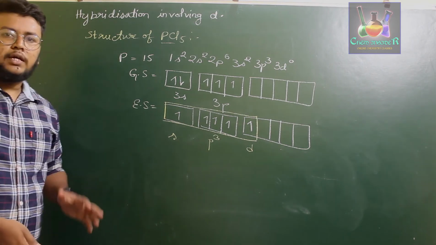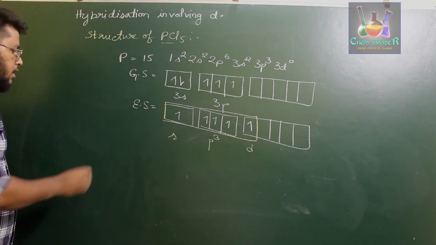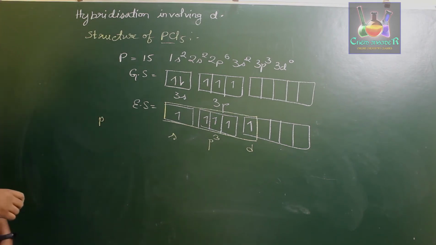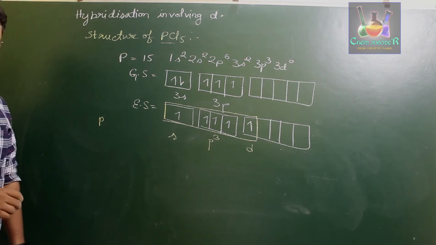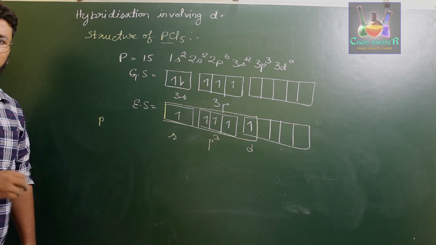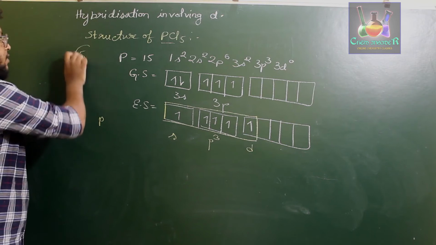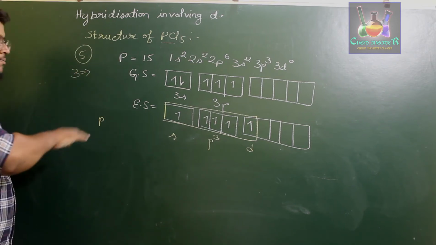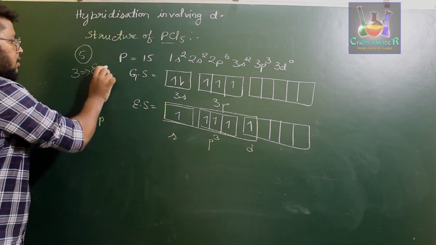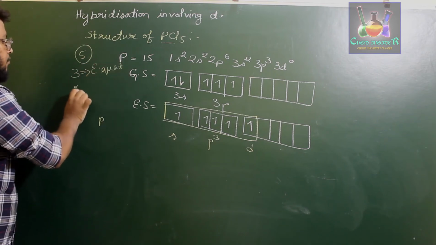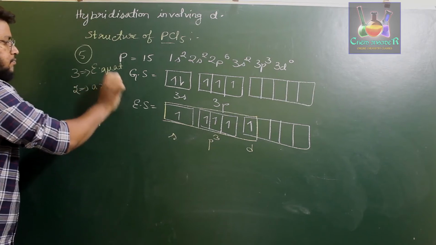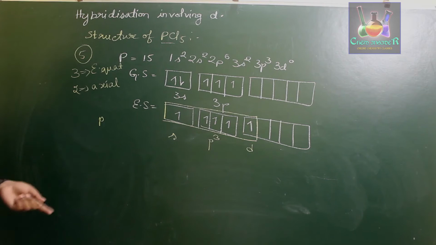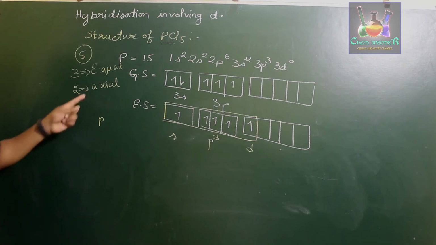It forms 5 sp3d hybrid orbitals, and these hybrid orbitals of phosphorus align themselves in such a way that, out of the 5 sp3d hybrid orbitals, 3 will be in equivalent positions, that is, the equatorial position, and 2 of them will be in the axial position.